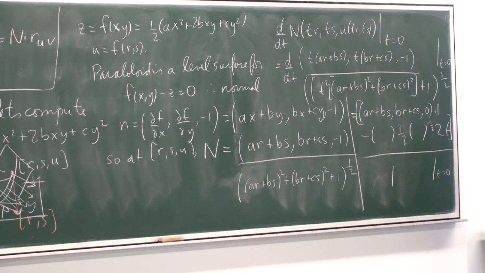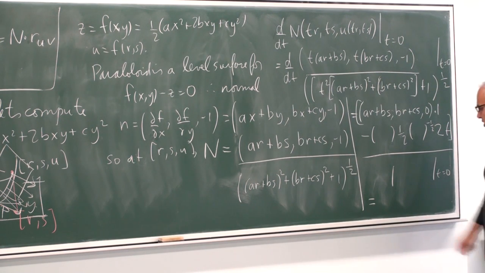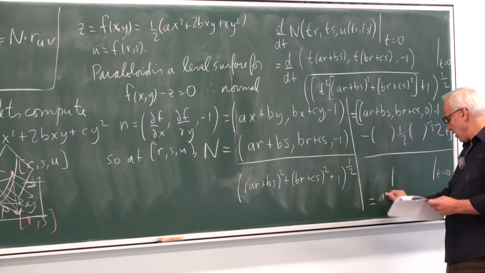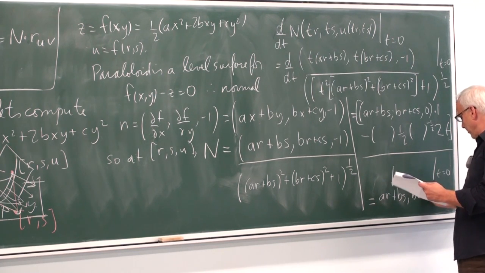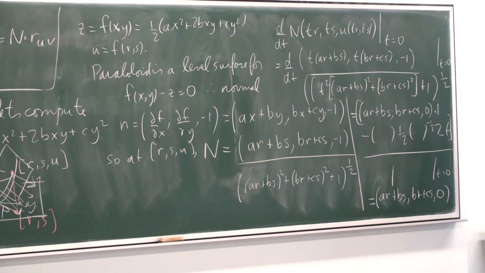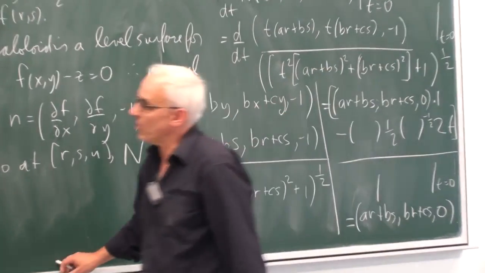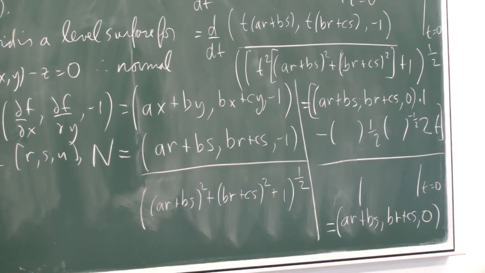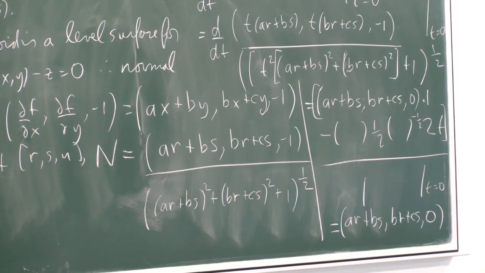So that will die, and then we'll have finally just ar plus bs comma br plus cs comma 0. Okay, so let me write that down somewhere. Maybe I'll write it here.